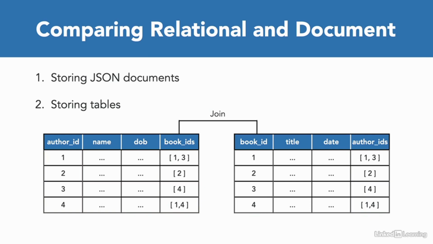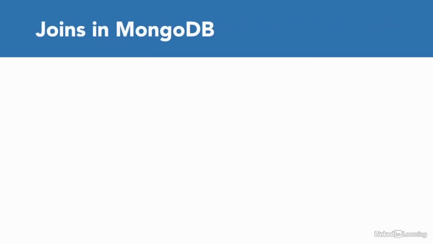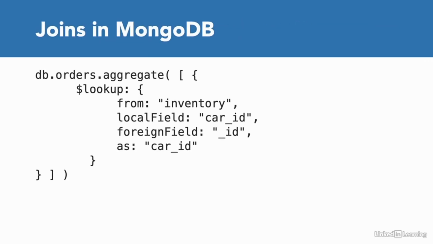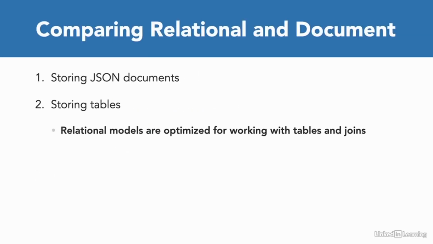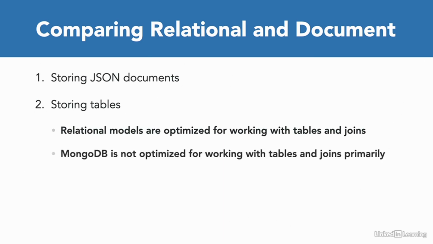You could store data in tables in MongoDB as well. And you can also perform joins with MongoDB using the $lookup aggregation stage, which is reasonably fast if you use indexes. However, MongoDB is not optimized for this data access pattern. If you use MongoDB and find yourself using a lot of joins, you are very likely not structuring your data well.